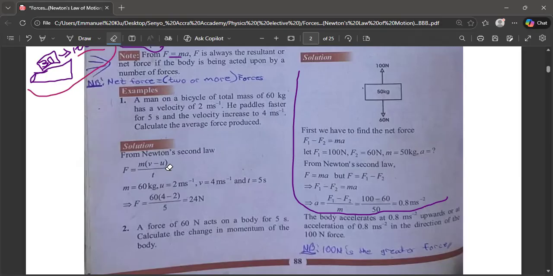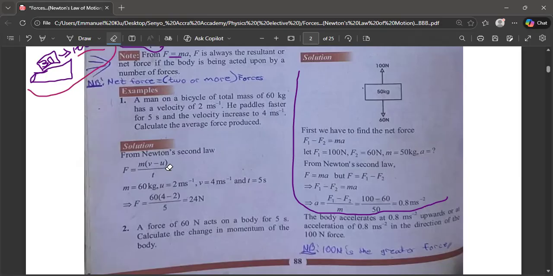Question one. A man on a bicycle of total mass 60 kg has a velocity of 2 meters per second. He pedals faster for 5 seconds and the velocity increases to 4 meters per second.